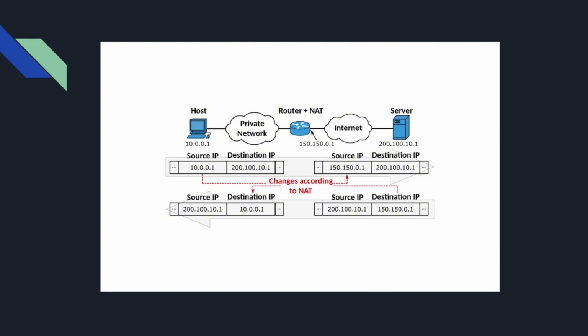As we can see, it is happening in the diagram. And the NAT device also tracks the connection in a translation table and then sends the packet to its destination on the internet. So when a response is received, the NAT device uses the translation table to map the public IP address back to the corresponding private IP address and forwards the response to the correct private device.